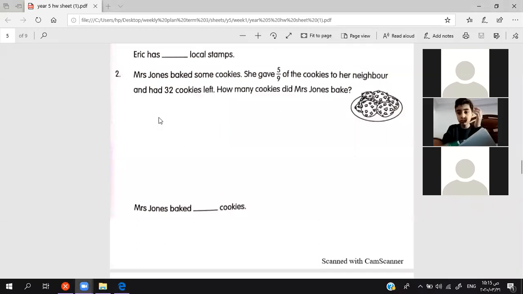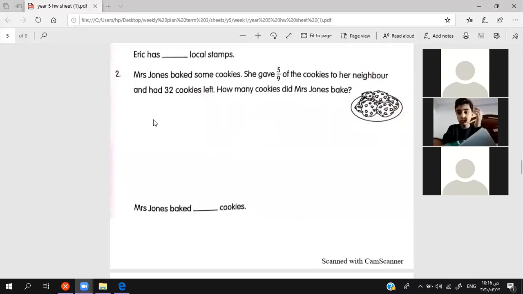Okay, so here Mrs. Jones baked some cookies. She gave 5/9 of the cookies to her neighbor. So I understood what 5/9 means: she divided them into 9 parts and gave 5 parts of the 9 parts to her neighbor and has 32 cookies left. So I understood that the left will be what over 9.